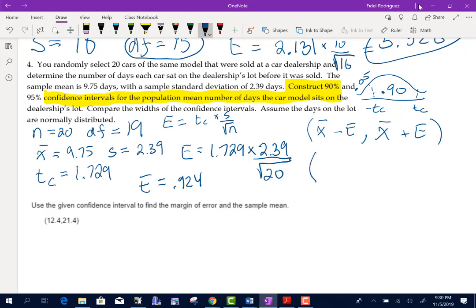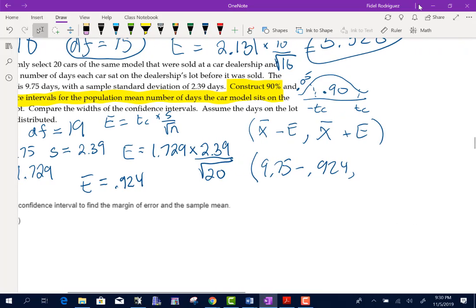In this case, what was our x bar? Did we already know that number? So we go 9.75 minus, what did we get for our e? 0.924, comma, 9.75 plus 0.924.